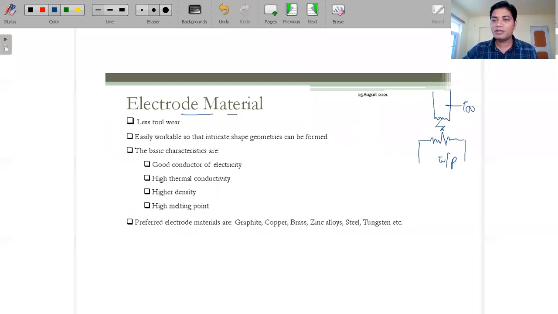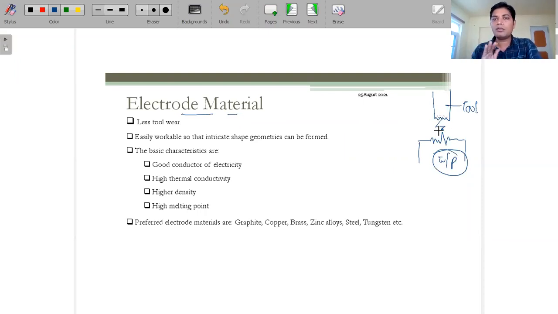We want the machining of the workpiece. Definitely there will be a spark, and that's why we call it an EDM process. And if the spark is generated, removal of material will definitely occur from the tool as well. So we cannot do anything about it, there will be some removal of material from the tool, but we can reduce it.